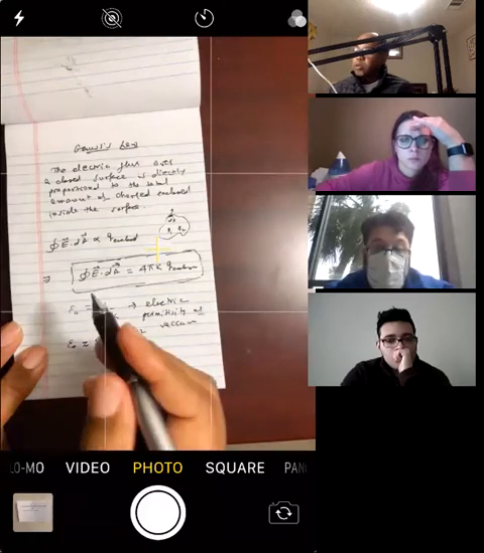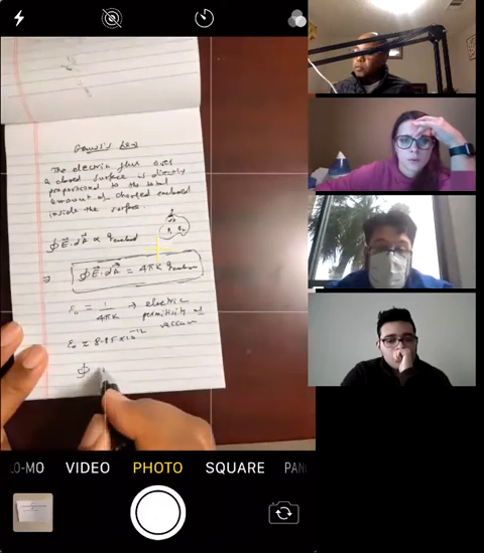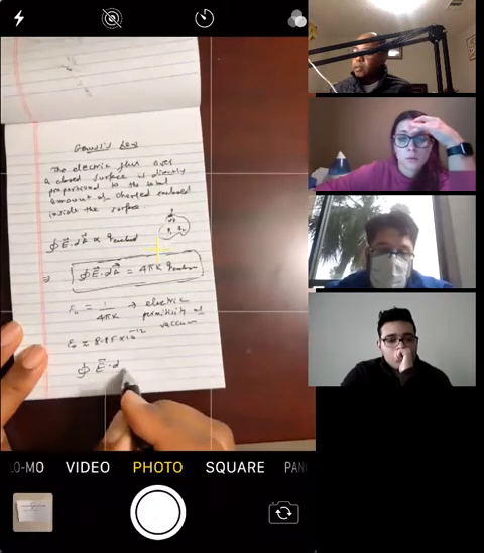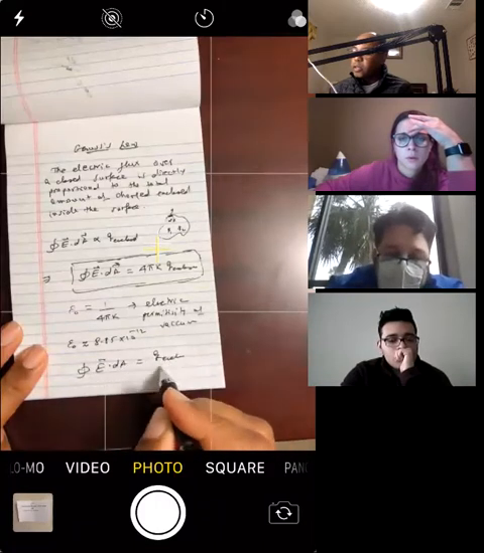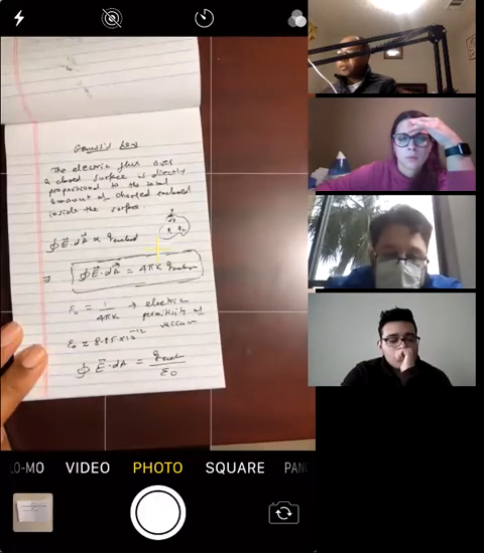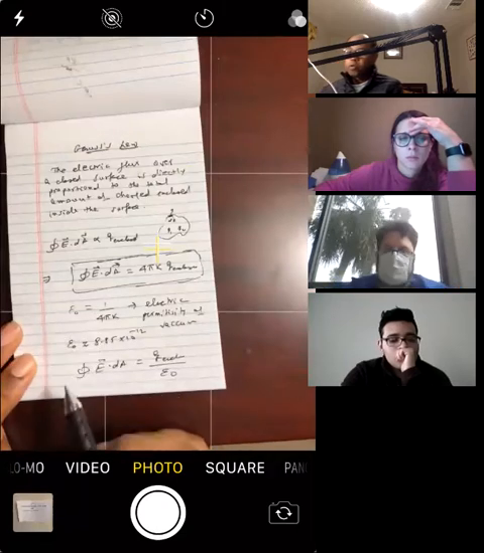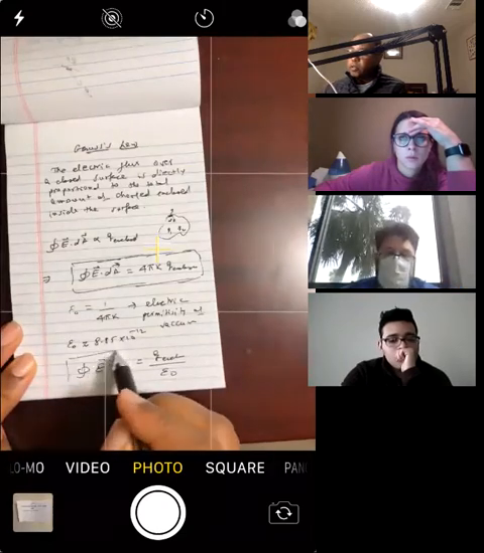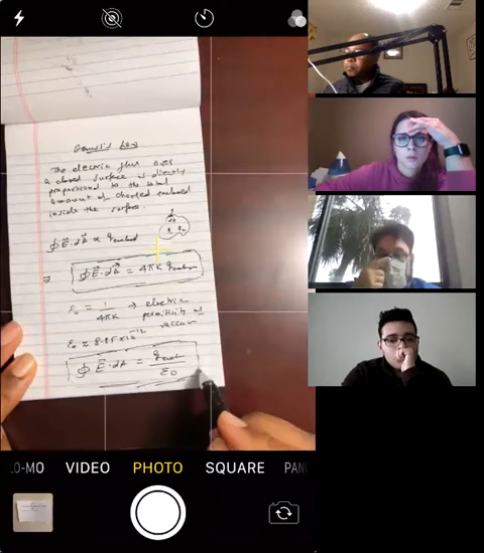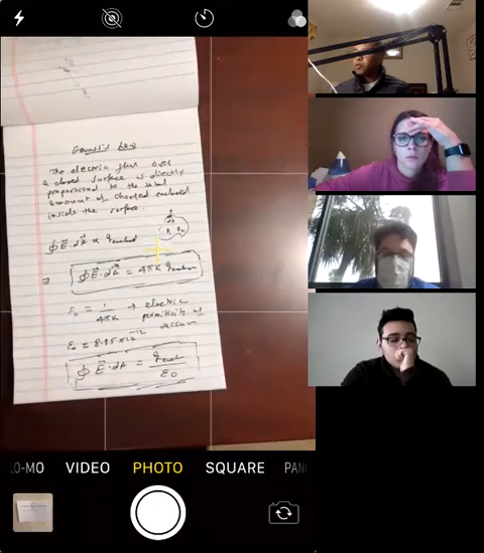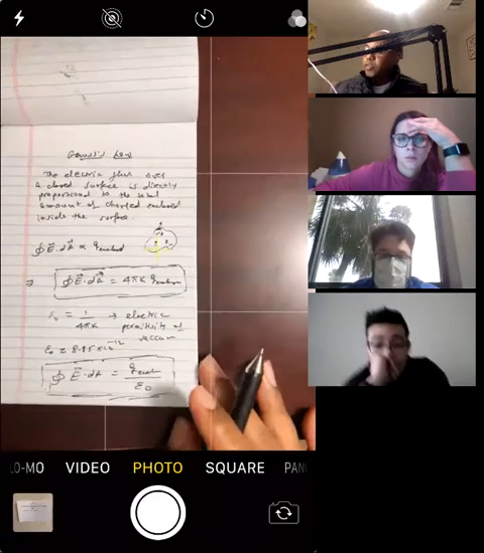So probably most of the time you'll see this formula: the integral of E dot dA equals the charge enclosed inside divided by epsilon. Epsilon simply means 1 over 4 pi k. So this is another way of writing this formula in terms of epsilon, or the permittivity of free space.